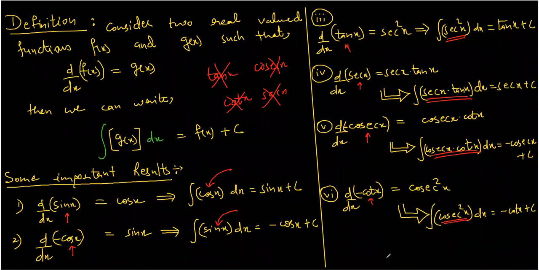So integration of those four functions, tan x, sec x, cosec x, cot x, will come in the lecture to come. In the next lecture you will see integration of these functions. Right now what you have is integration of trigonometric functions like sec square x, sec x tan x, cosec x cot x, cosec square x.